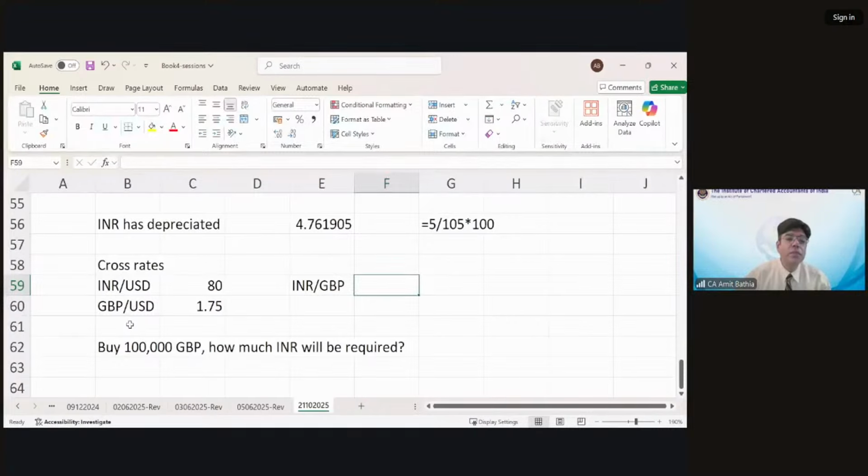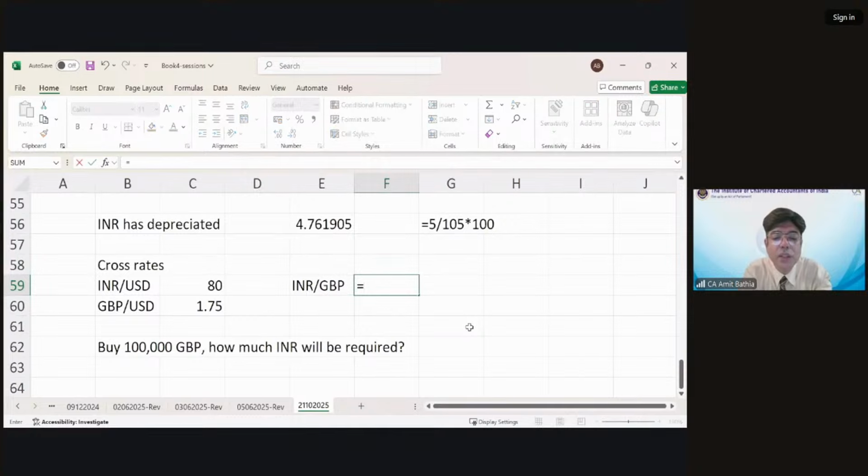So 1 USD is equal to 1.75 GBP, and 1 USD is equal to INR 80, meaning 80 rupees is equal to 1.75 GBP.